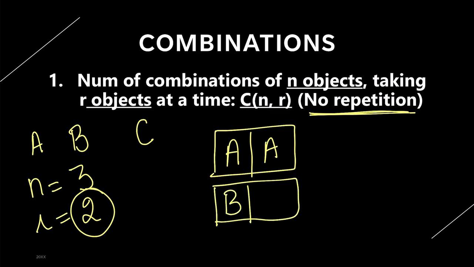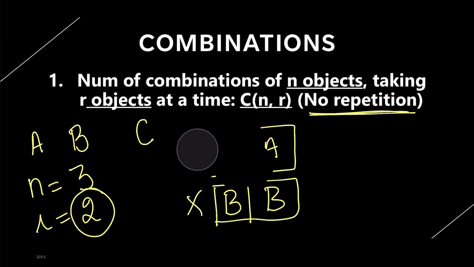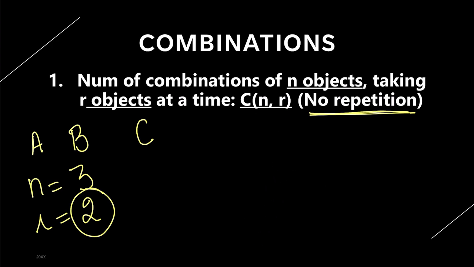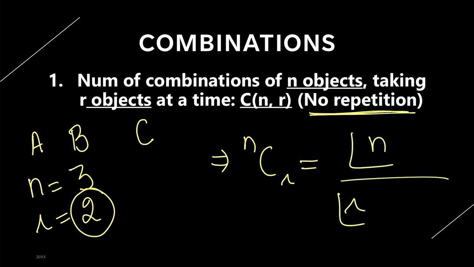You cannot pick the first person as B and the second person as B. These are not allowed. If repetition is not allowed, then the number of ways of picking r people when their sitting order does not matter is nCr, which is n factorial divided by r factorial times (n minus r) factorial. I hope this is clear.